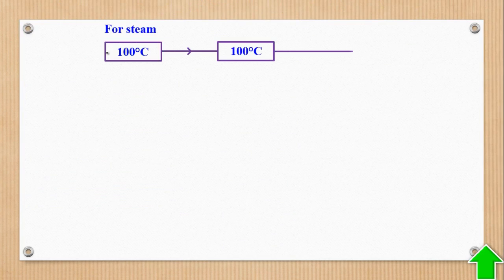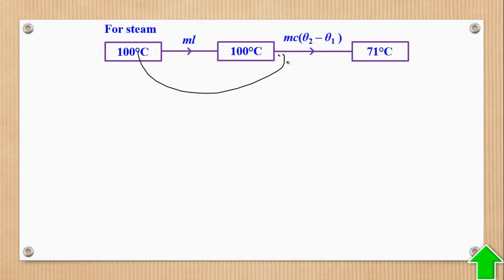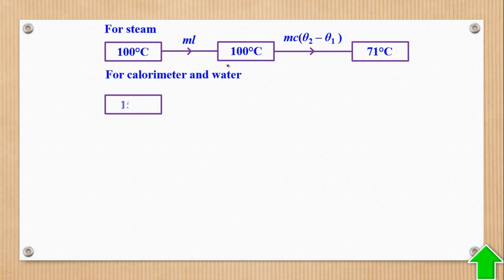So for steam, that is what we have. Initially it was steam, it goes to boiling water, then liquid at the final temperature, which is 71. What about calorimeter and water? It increased from 15 to 71.